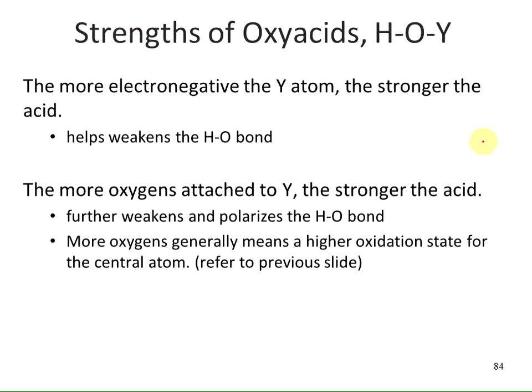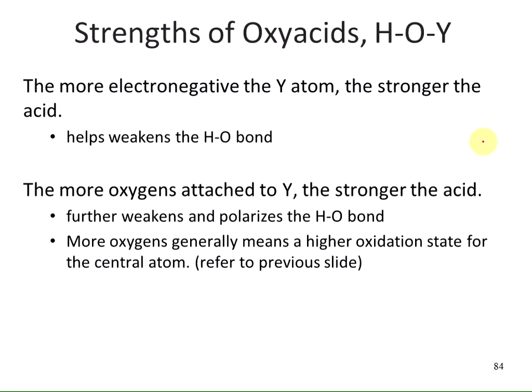Again, I want to revisit the strengths of oxyacids. Remember, oxyacids were acids that contain oxygen and hydrogen in the formula, like sulfuric acid or nitric acid. And we said the more electronegative the central atom, the stronger the acid. That's because that difference in electronegativity helps weaken the OH bond.